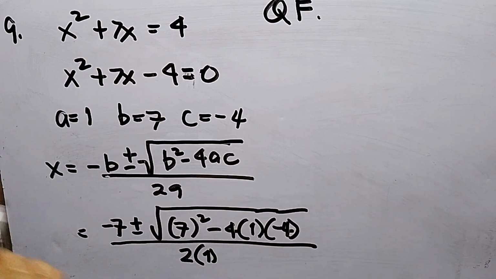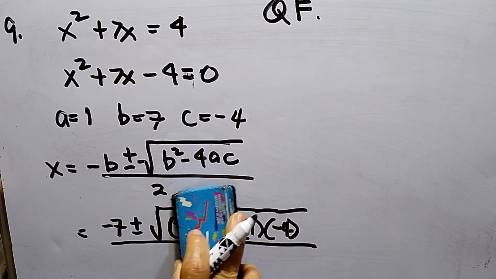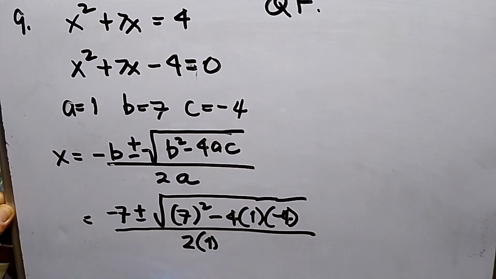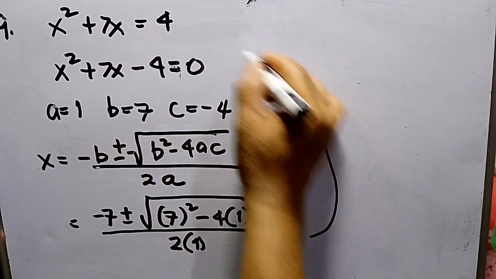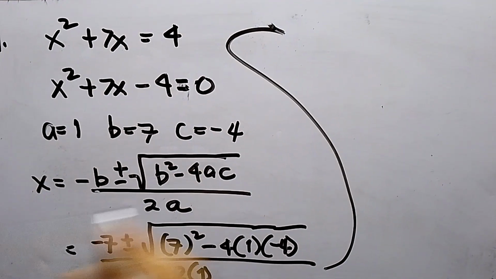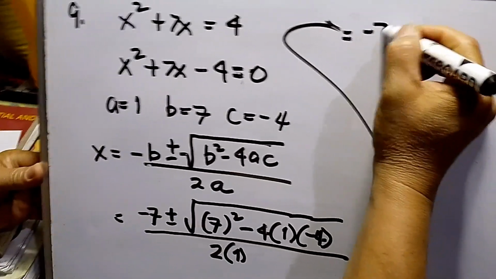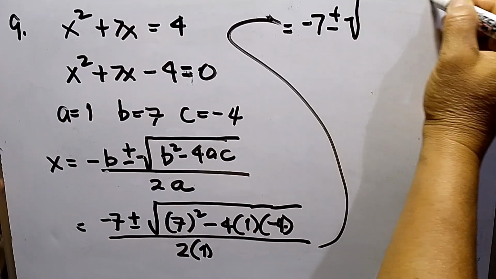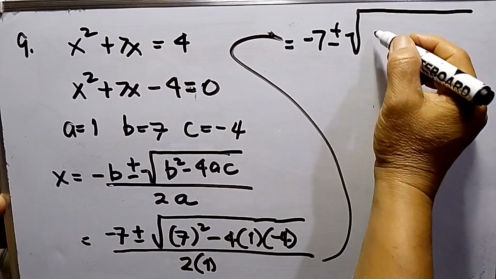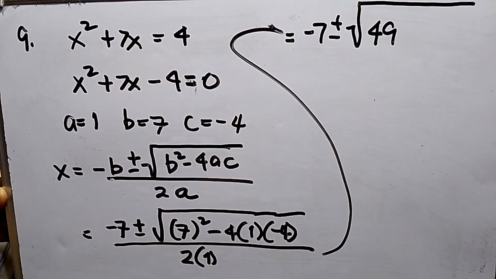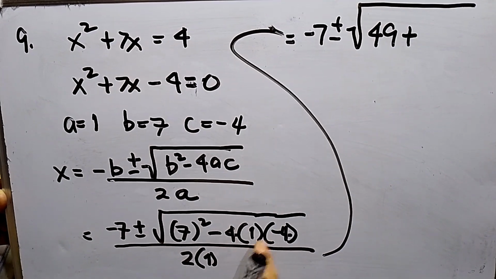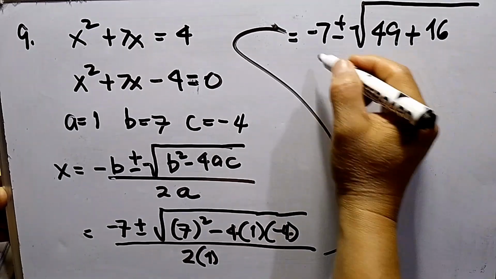Actually, this is 2a. So I have here negative 7 plus and minus square root of 7 squared is 49, minus times negative is plus, 4 times 1 times 4, 16, over 2.